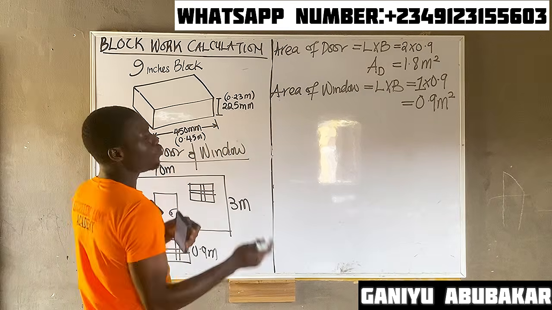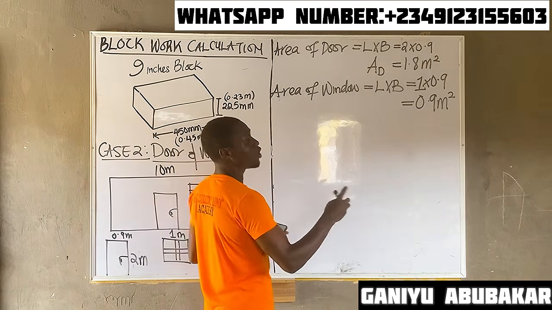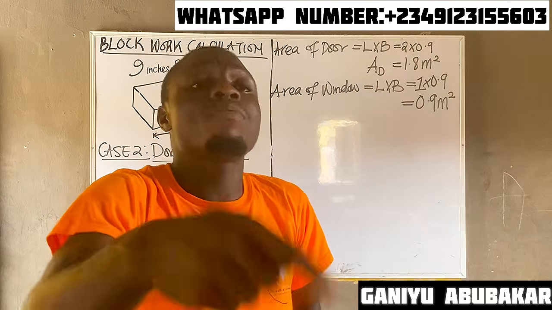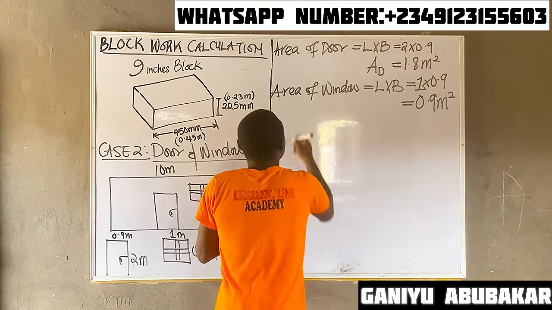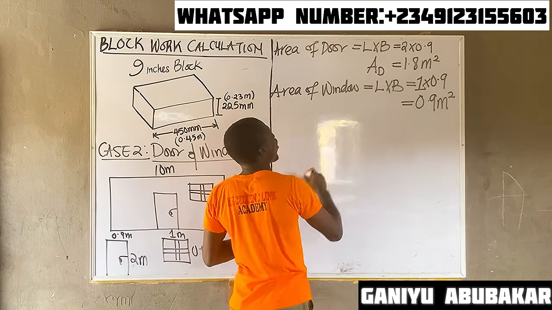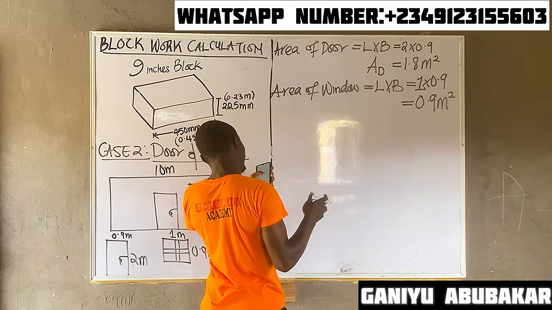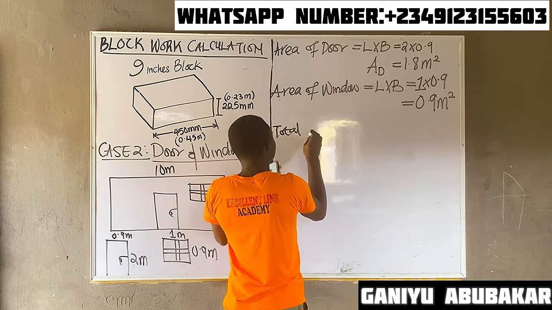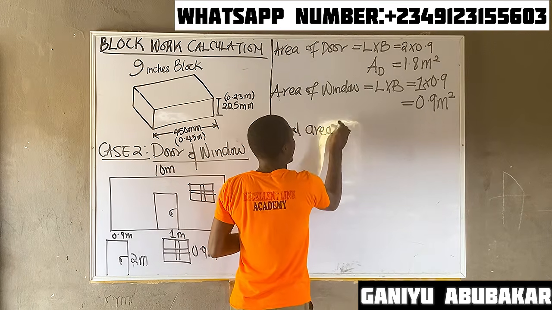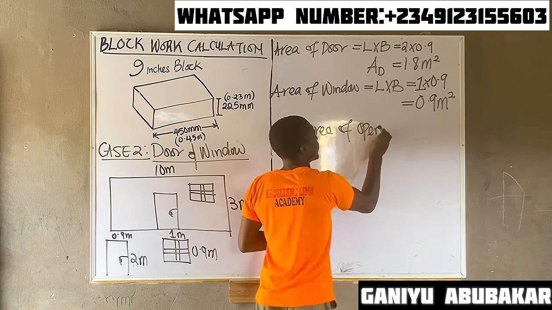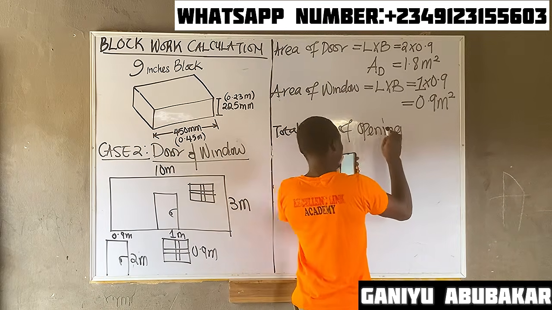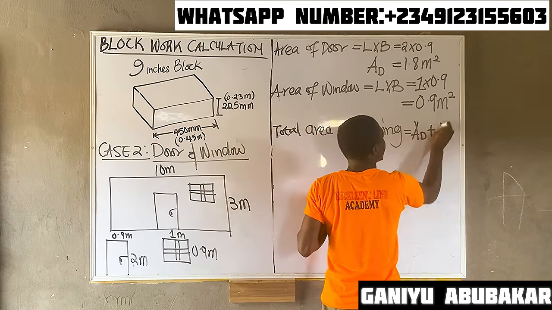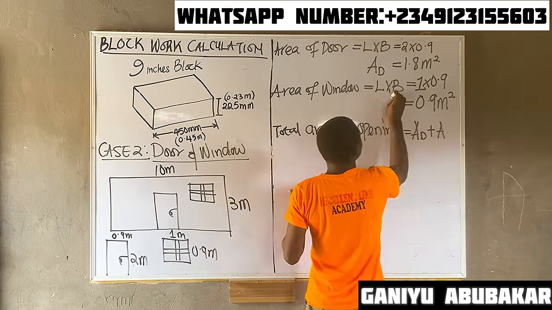Now I've gotten the area of door and area of window. I have to get the total area of openings, because door and window are called opening. So total area of opening is of course area of door plus area of window.